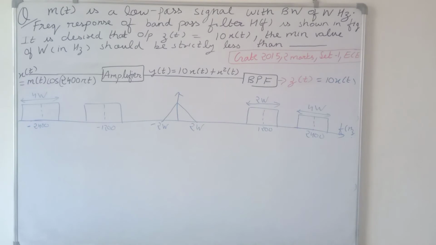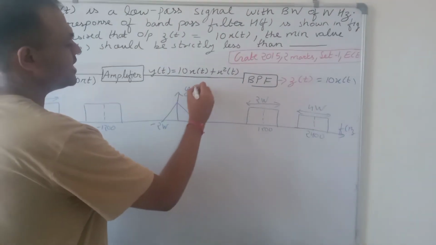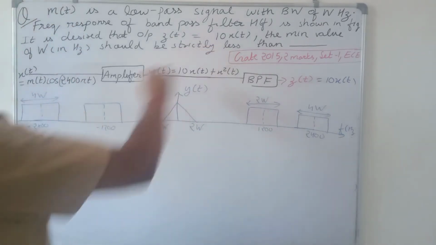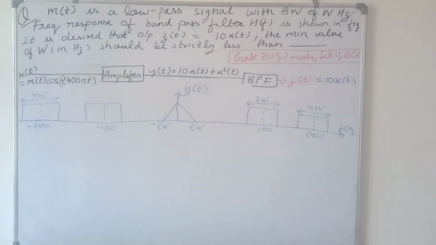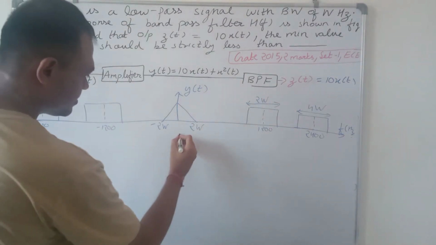So don't worry about the amplitude of these signals. Because we do not need to worry about the amplitude, we just have to find the value of the bandwidth in hertz. And we can draw the band pass filter as well.